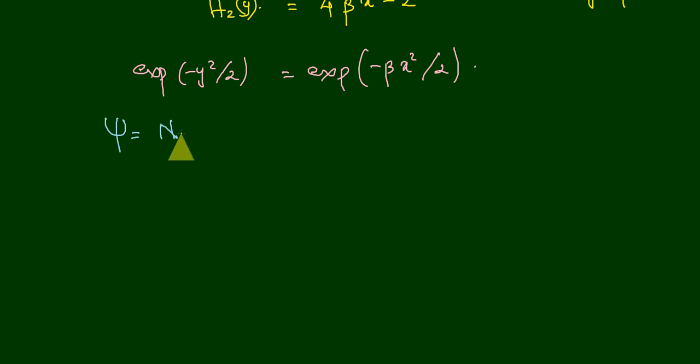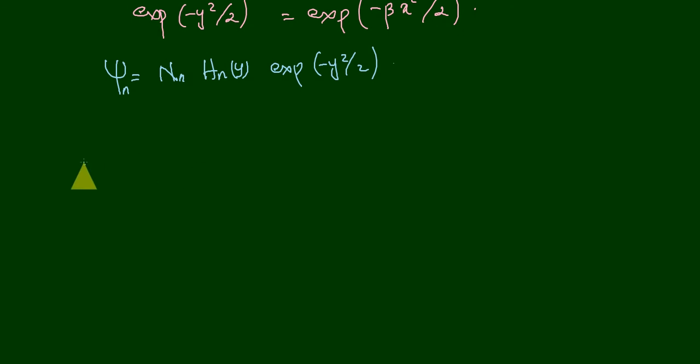N is a function of n, right? So we can write n, h n y, exponential minus y square by 2. This is psi, and this depends upon n. So let us write psi 0.